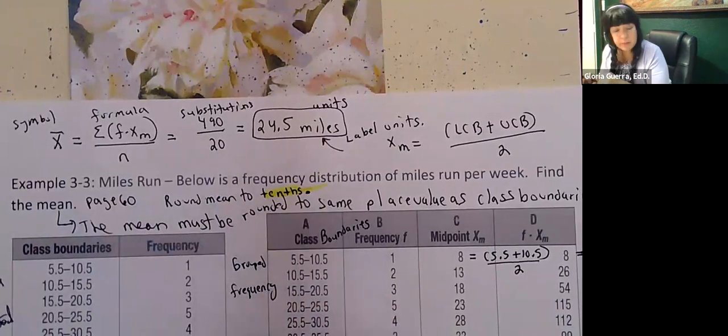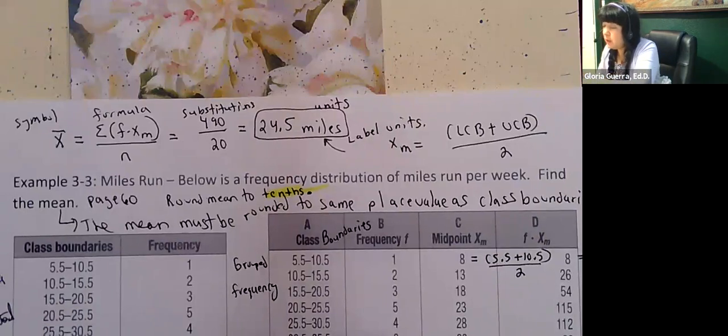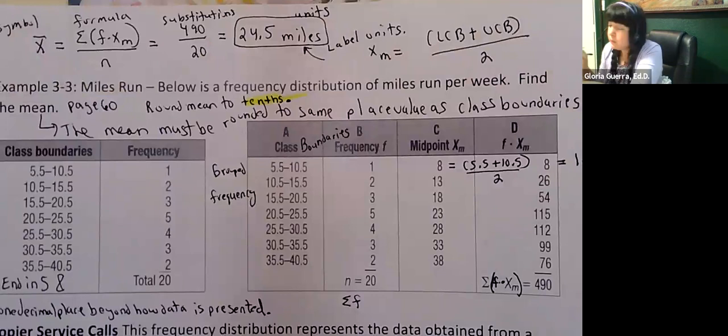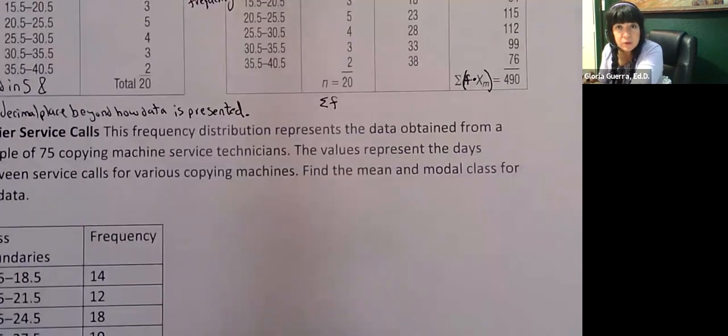And I'm also going to show you there's also something called the modal class. Let me go and talk about that also. So let me write it down here. I am also going to show you how to do this on a calculator, but let me talk about the modal class first. So what is that?